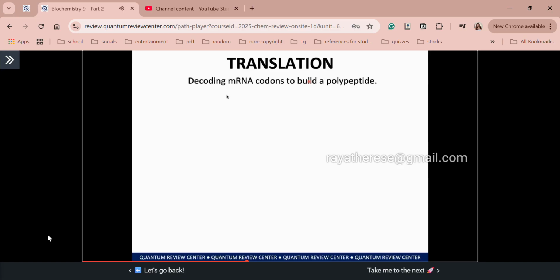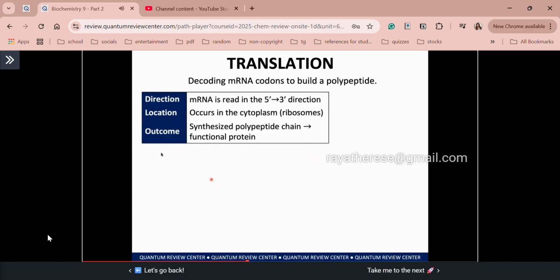But before we proceed on that topic, ayan, let's have a brief overview of your translation process. Again, similar with your replication and transcription, the direction is 5' to 3' in terms of the way your mRNA is read, okay?